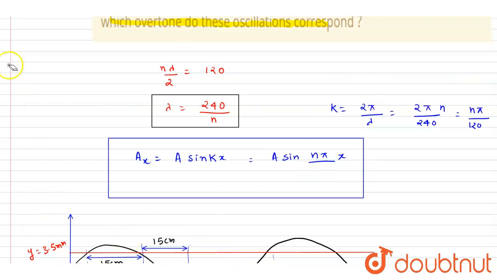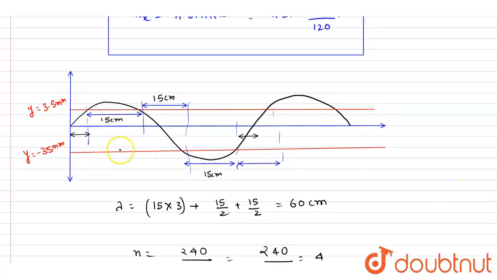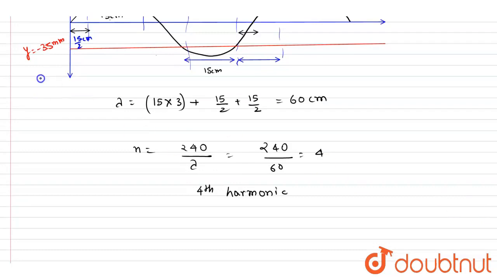Here k is nπ by 120. So we will put the value of n and x. We can see here at x equals 15 by 2 centimeter, the amplitude is 3.5. At x equals 15 by 2 centimeter, the amplitude is 3.5.